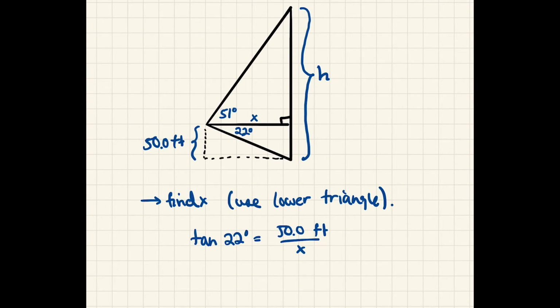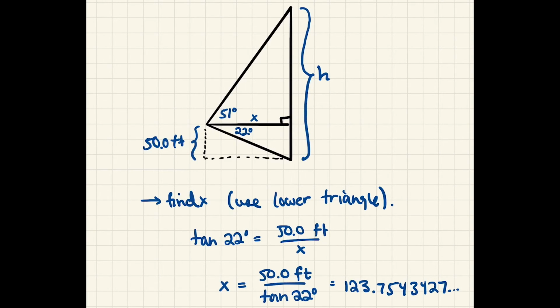So moving the x to the left and dividing by tangent, we get x is 50 feet divided by tangent of 22 degrees. On the calculator, I get x is 123.7543427. And that's feet. Remember, tangent of 22 is a pure unitless ratio, so it doesn't contribute a unit.